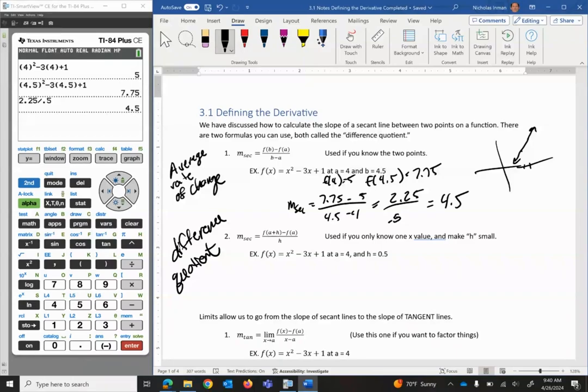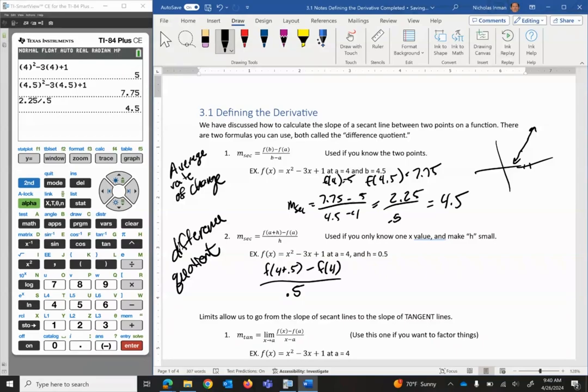We just add a little bit to the a value, subtract f of a, and then divide by how much you added. So this would be f of 4 plus 0.5, which is 4.5, minus f of 4, over just 0.5.